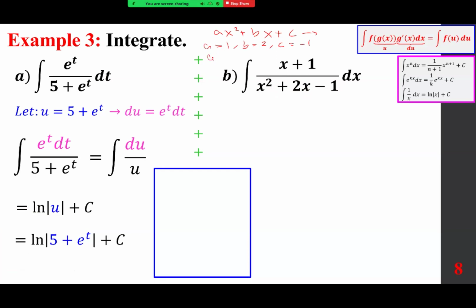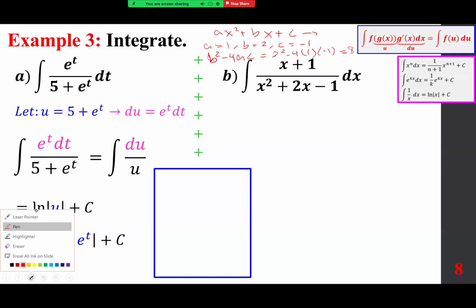And as you recall, b squared minus 4ac is called the discriminant. So 2 squared minus 4 times 1 times -1 is positive 8. A quadratic expression can be factored if its discriminant is a perfect square, like 1, 4, 16, 100, you name it. So it can't be factored.